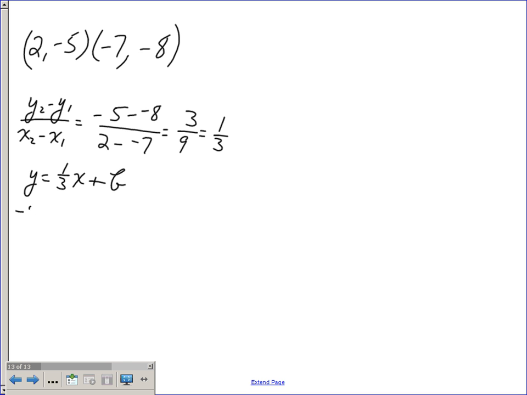We're going to put a -5 for y, and we're going to put in the 2 in place of the x. And then we'll do a little bit of arithmetic there to figure out where our y-intercept is. What's 1/3 times 2? 2/3.